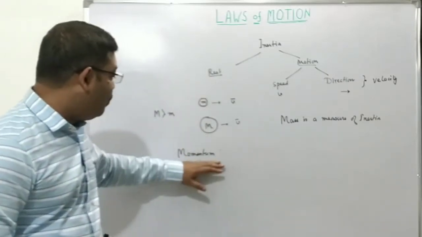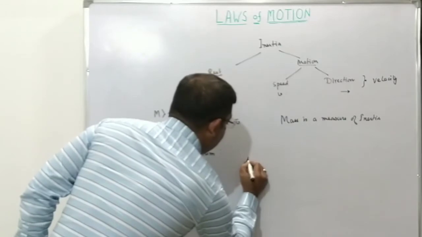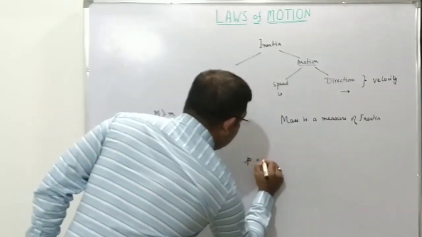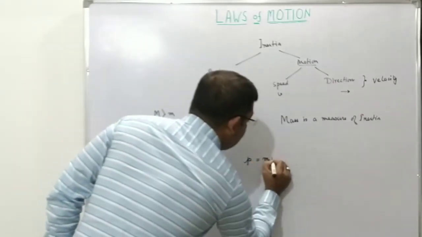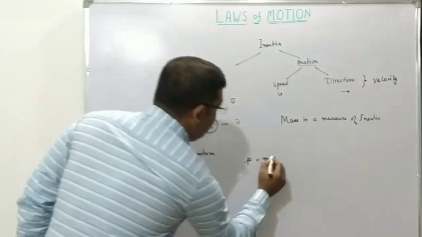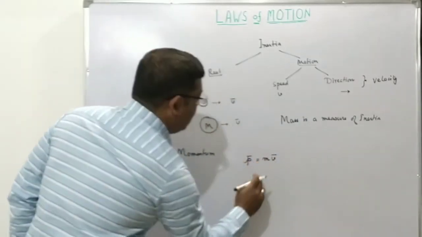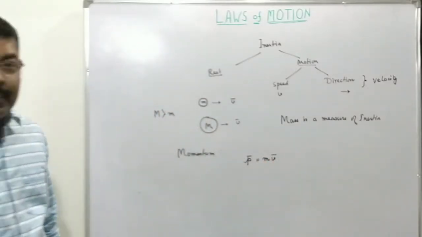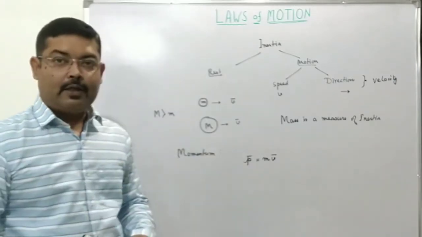This term momentum is mathematically given by the symbol small p, which is equal to the product of mass of the object and the velocity with which it's moving. Since velocity is a vector, momentum, a scalar multiplied by a vector, will be a vector quantity. This term momentum is going to be very important in the coming discussions.